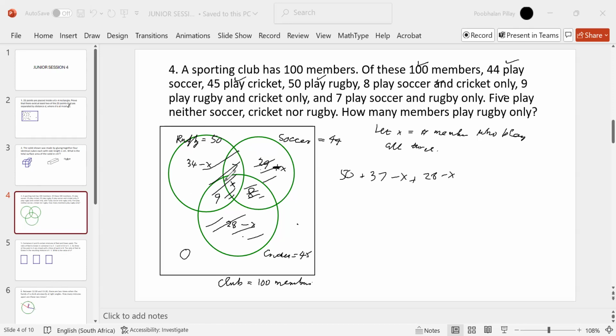I added all the rugbies together one time to get 50. So now this is the total number of people in the club, which we know to be 100. So there it is. You have your equation. The whole idea is to get an equation and solve for X. So if you work this out, I got 87 plus 25 is 112 is 115.